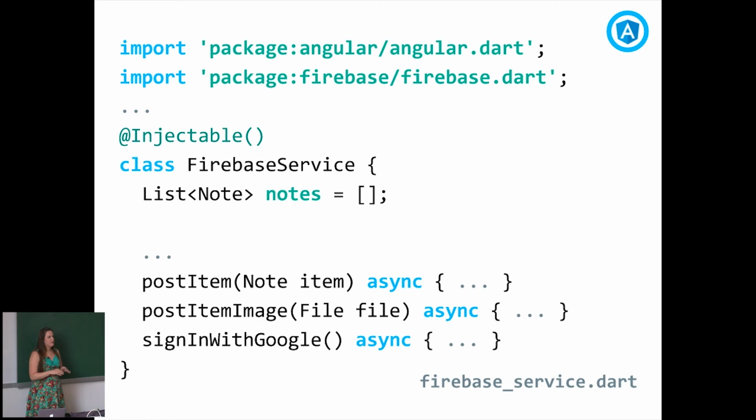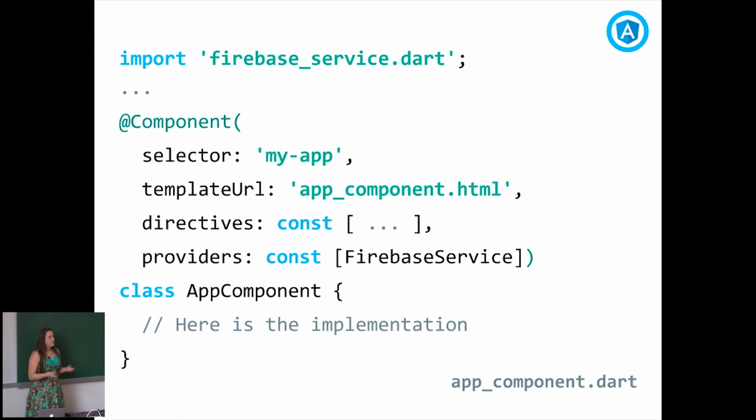And also we will have a couple of methods there which will do the posting of a new item, posting of an item image, sign in with Google, and so on. In those methods will be the implementation of the things which I showed you before. And then every component can use this service, but before the component can use that, we need to register this service.